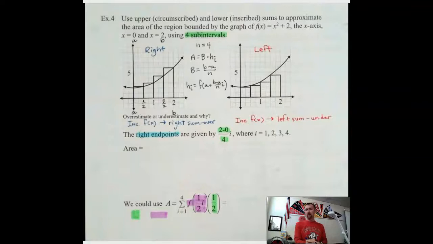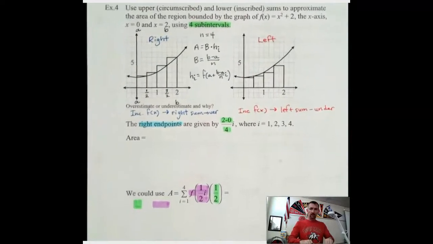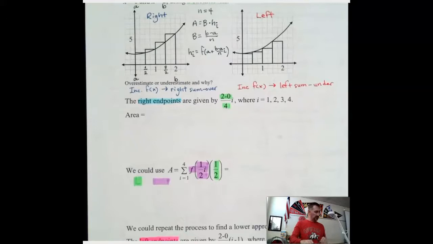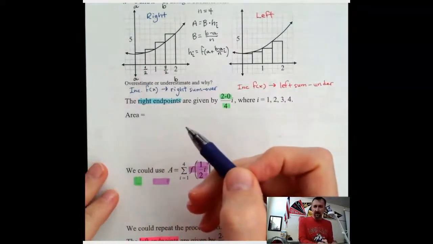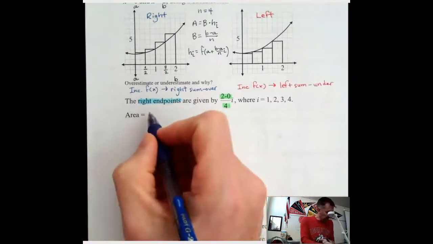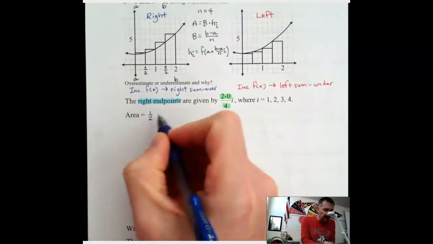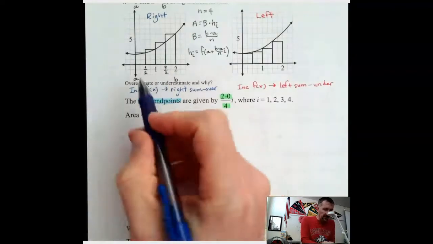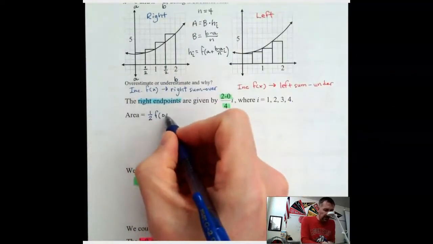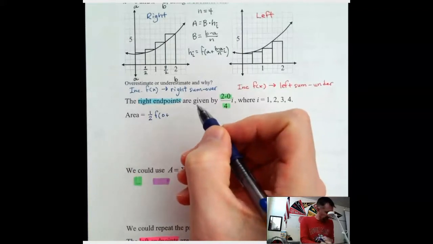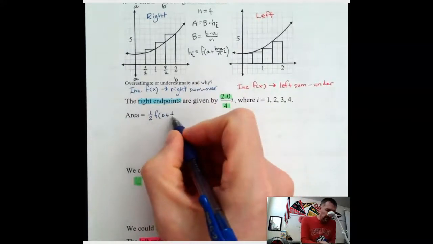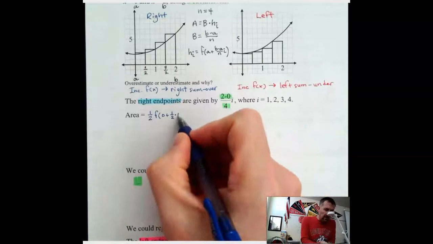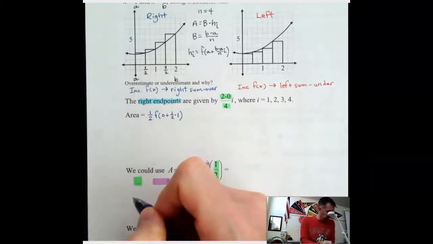Alright, so now the area here. If we just want to do this using the graph and doing it manually, not using a formula, then we would have 1/2 as our first base, and f of, using that formula, 0 plus 1/2 times 1 for our first value.